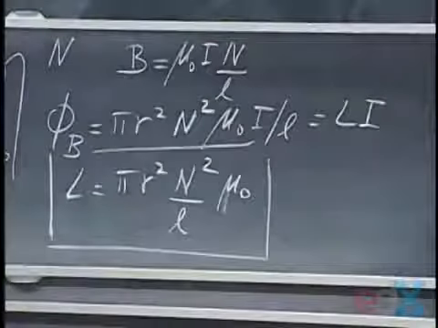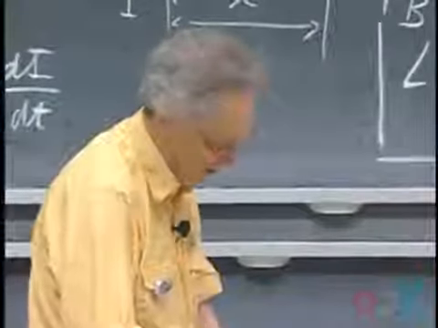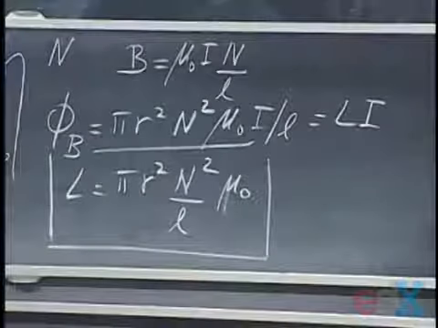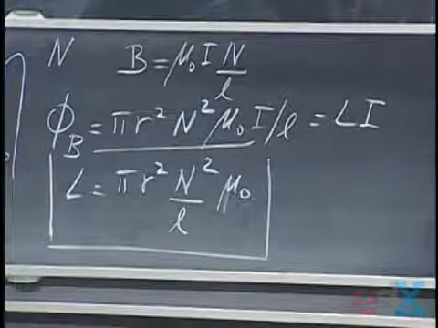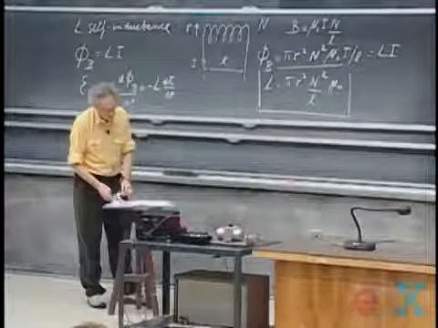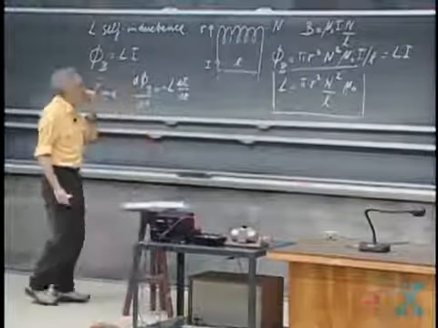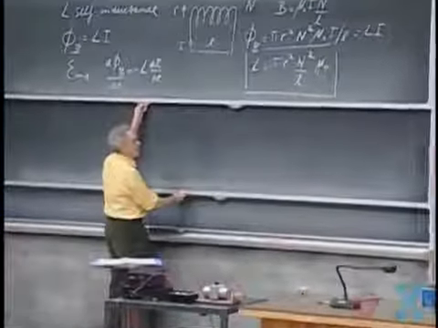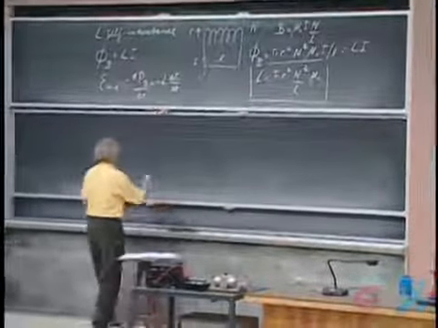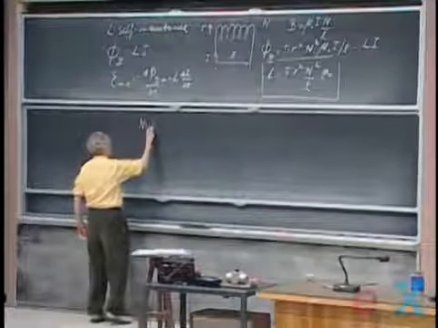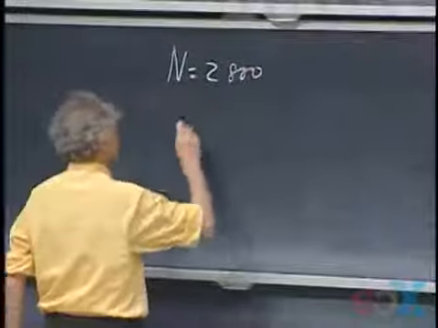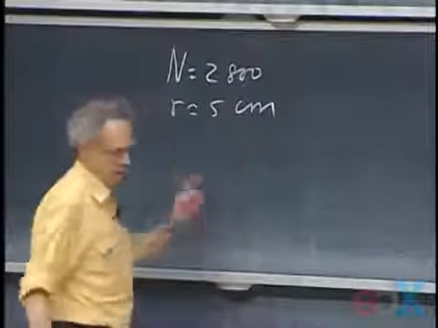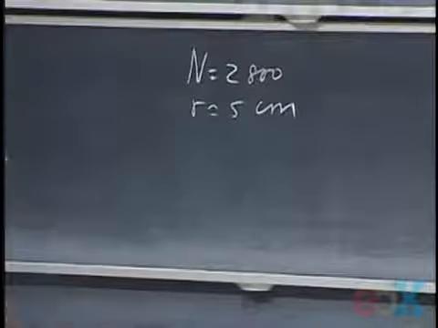Let me check this. Pi little r squared, I have a capital N squared, mu zero, that's correct, divided by little l. And so we can calculate, for instance, what this self-inductance is for a solenoid that we have used in class several times. We had one whereby we had 2,800 windings. R, I think, was something like 5 centimeters. You have to work in SI, of course, be careful.